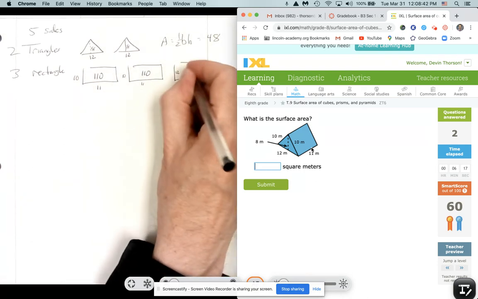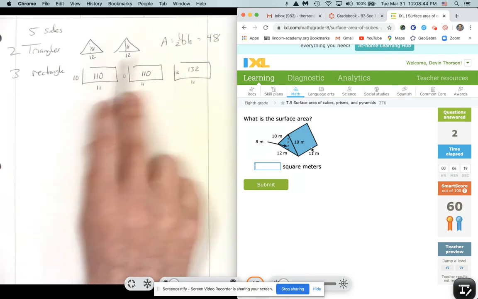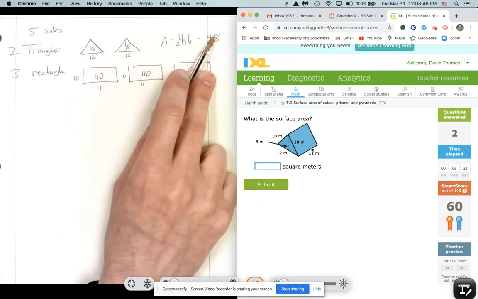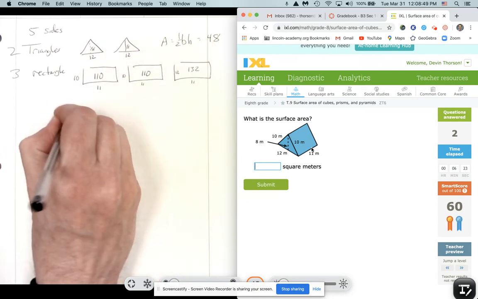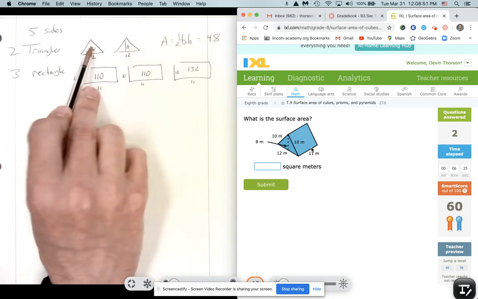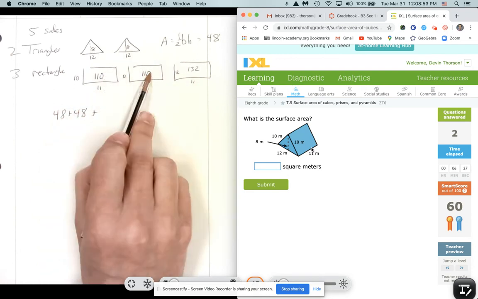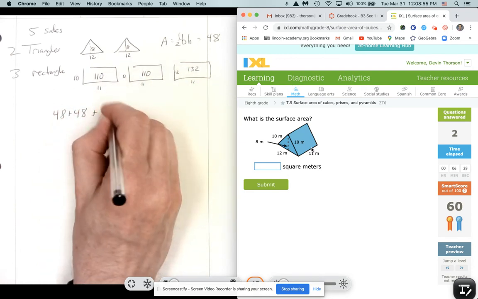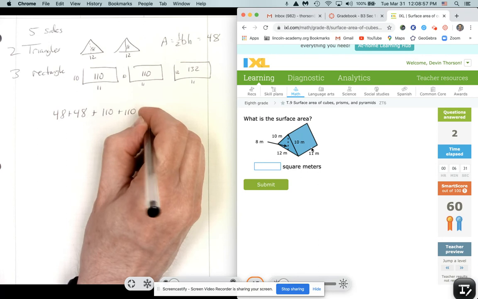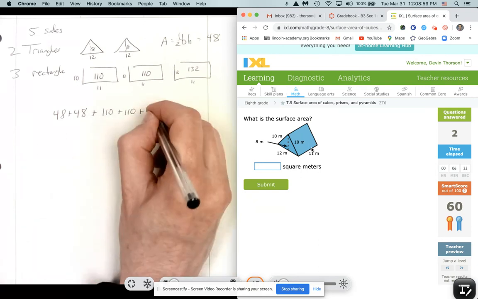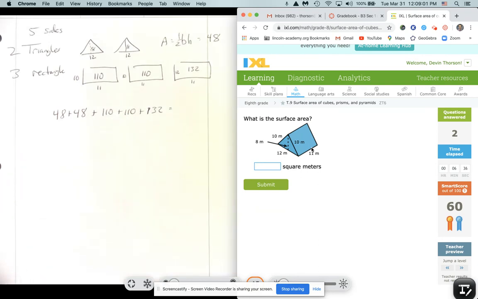132. And so now I'm going to add up the 2 triangles. I got a 48 plus a 48. There's the front of the tent, the back of the tent, the 2 sides, and the bottom. So 110 plus 110 plus 132. What is that? 48 twice plus 110 twice plus 132.